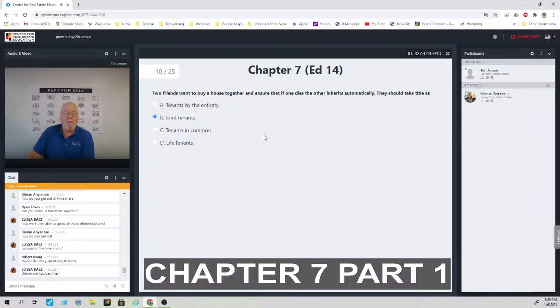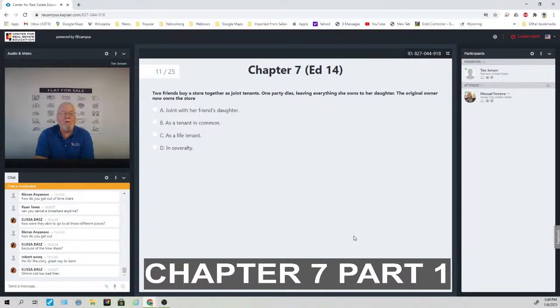Correct. Number 11. Two friends buy a store together as joint tenants. One party dies, leaving everything she owns to her daughter. The original owner now owns the store. How?